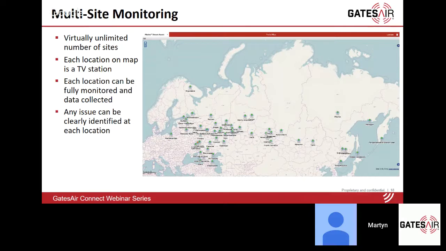And there are such things as NMS systems that currently do things like that, but they don't necessarily have the depth of monitoring at all the various points that StreamAssure has. And the map shown here is just a map of Russia where there's already some systems deployed. You can cover very large geographical areas, and you're pretty much unlimited in the number of sites and number of data points where information can be collected.